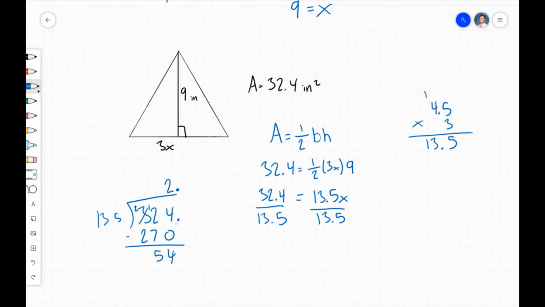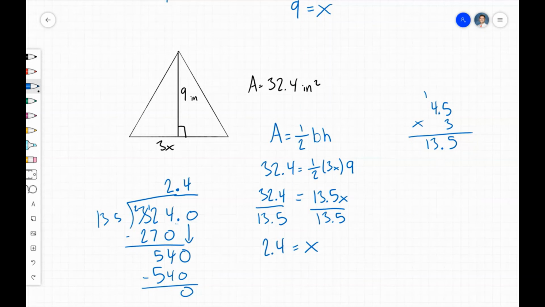And 135 will go into 540 4 times. And 135 times 4 is 540. So we get 2.4 is equal to x.